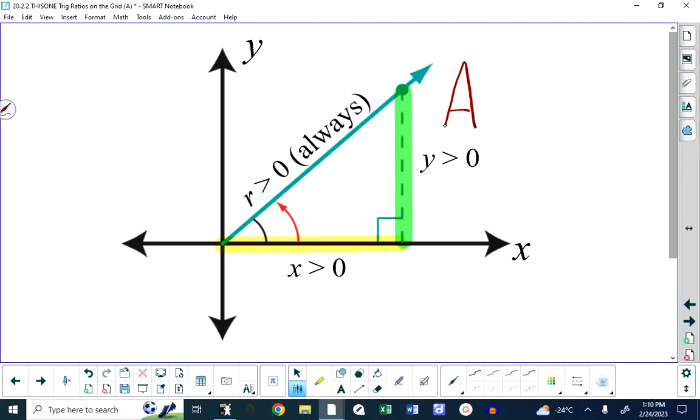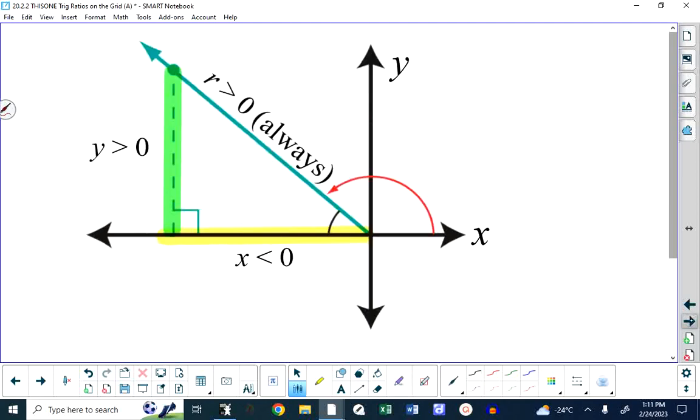Sine is y over r, cos is x over r, tan is y over x. They're all positive because x, y, and r are all positive there. However, in quadrant 2, y is positive, but x is negative, and that means the only thing that's positive in this quadrant is sine. Correct?